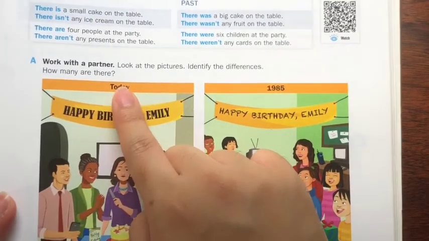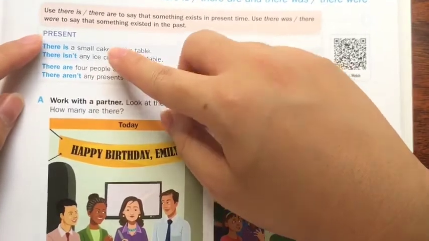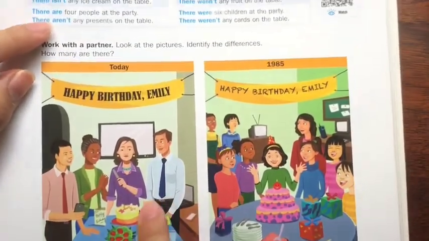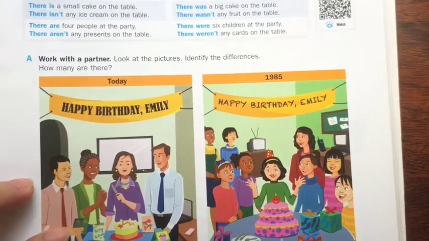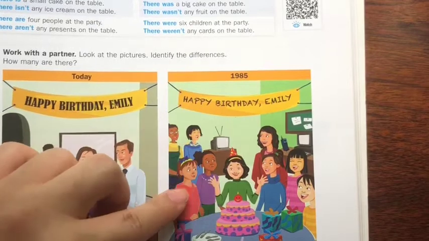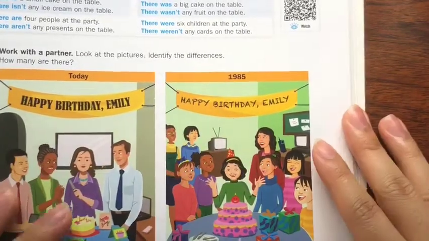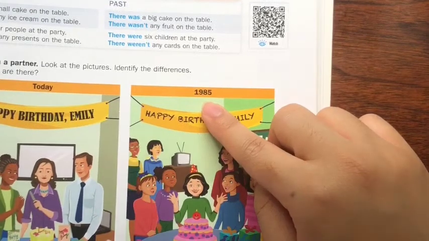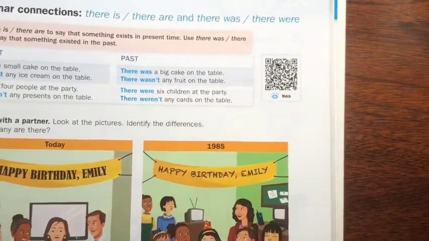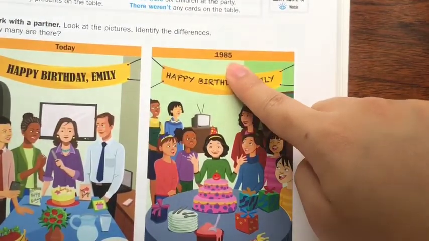Because this is the present, we're using is and are. And because there are 4, we say there are. There are 4 people at the party. In 1985, 1, 2, 3, 4, 5, 6, 7, 8, 9. There are 9 people. But because this is in the past, we say there were. There were 9 people at Emily's birthday party in 1985.